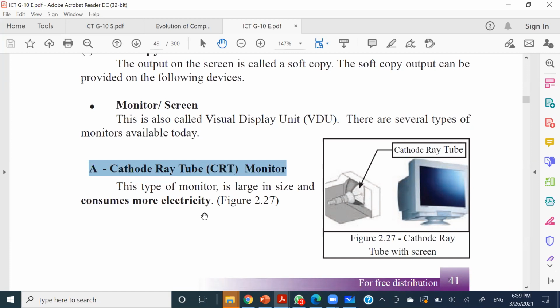Done. Cathode ray tube monitor: the first point is large in size, the second point is consumes more electricity.